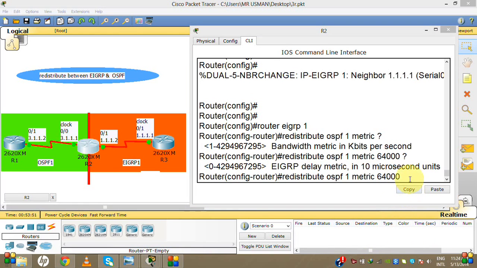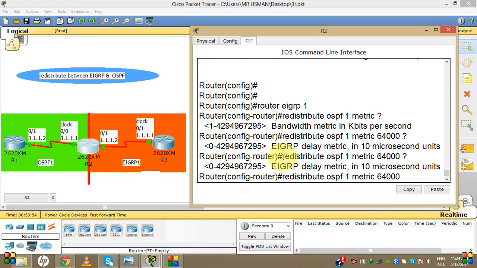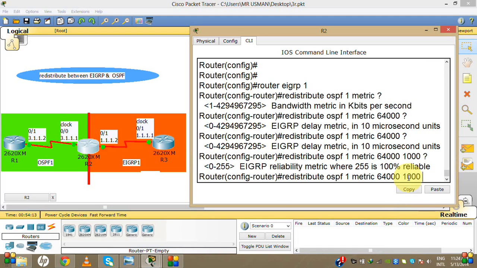Now again put question mark. EIGRP delay metric in 10 microsecond units. I can put any one of the values, so I will put a value like 1000. Okay, now again question mark. EIGRP reliability metric where 255 is 100% reliable, so I will choose 255.